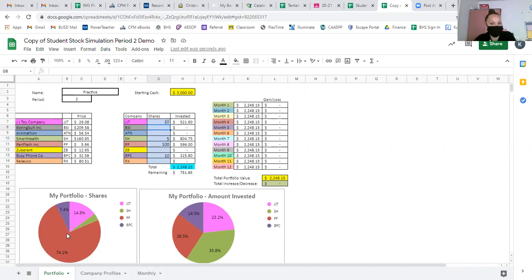The first one is how your breakdown of shares goes. And the second one is the amount invested to see if they're diverse. So like the way I just did, and I'm not done, I'm just doing a mock one here. You can see 74% of my shares are with PF, but that's only 26%, almost 27% of my amount invested. So it's still fairly diverse in the amount of money I put in.